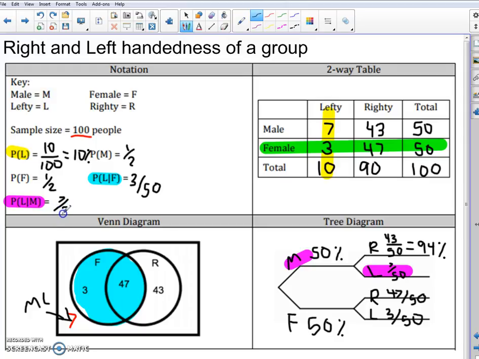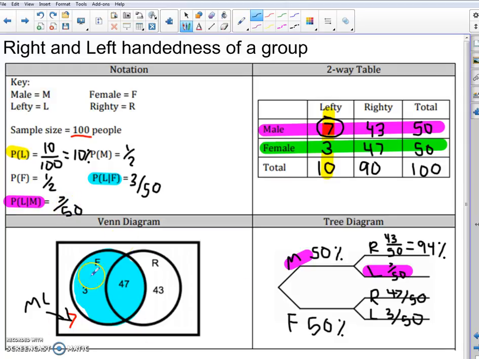And if we wanted to, you could just check. You could read the same thing off of each of them. So if I wanted left-handed, given that they're male, I'd only care about the males. I'd look at that and say, of the males, which of those are left-handed? That's this number right here, and that's how I get this 7. 7 of the 50 are left-handed.